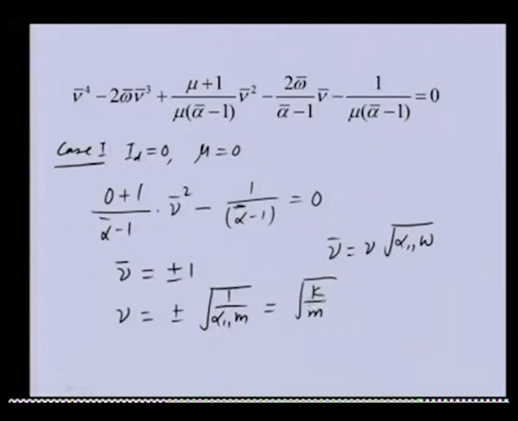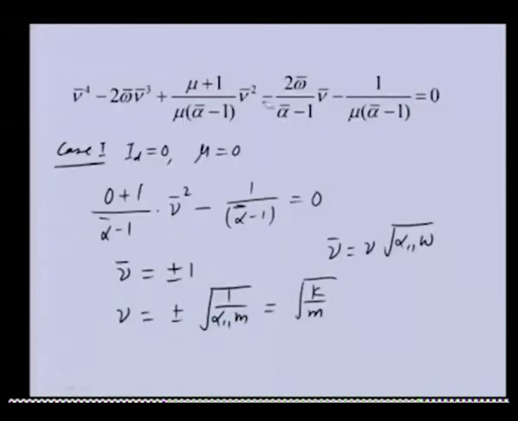In the same expression, if we take another case 2, in which the coupling parameter is zero, that means the coupling between the linear motion and the angular motion is not there. In that particular case, we can simplify the previous polynomial, this one.